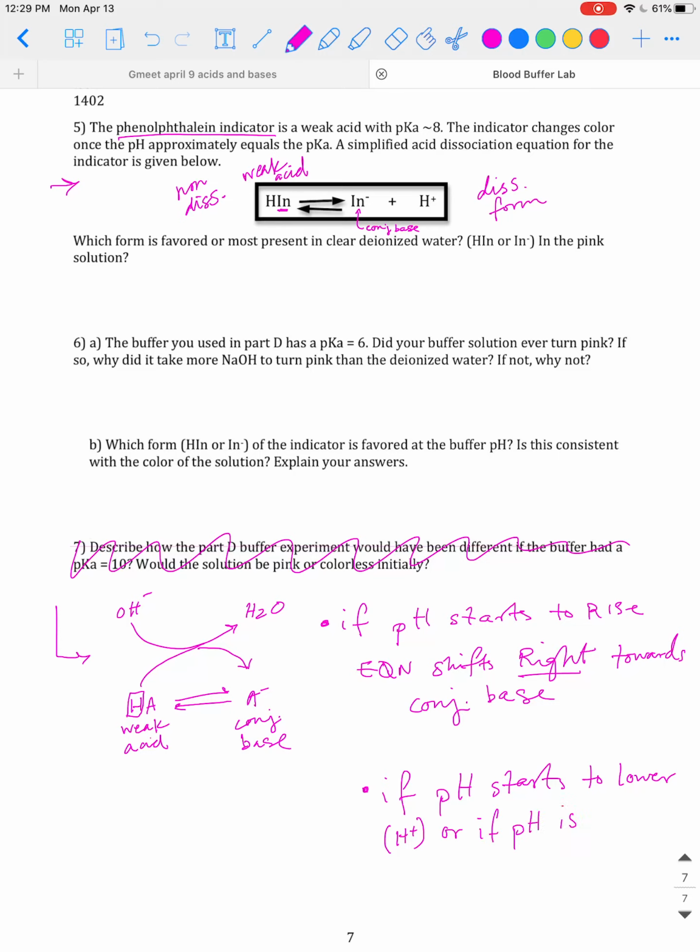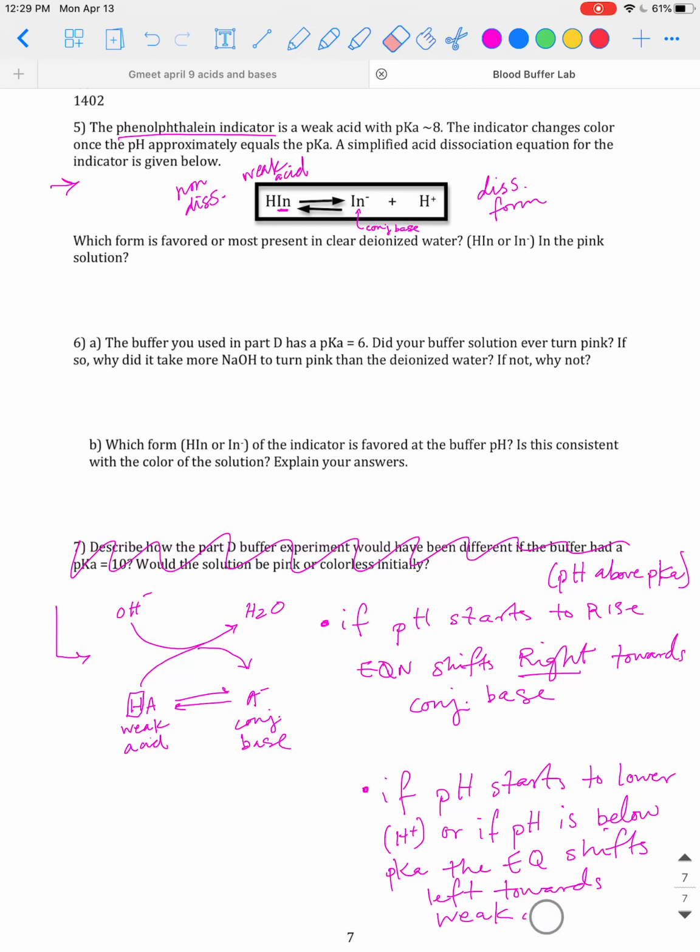Or if pH is below pKa, up here we could say if pH is above pKa, then the equilibrium shifts left towards the weak acid. I cannot write today.